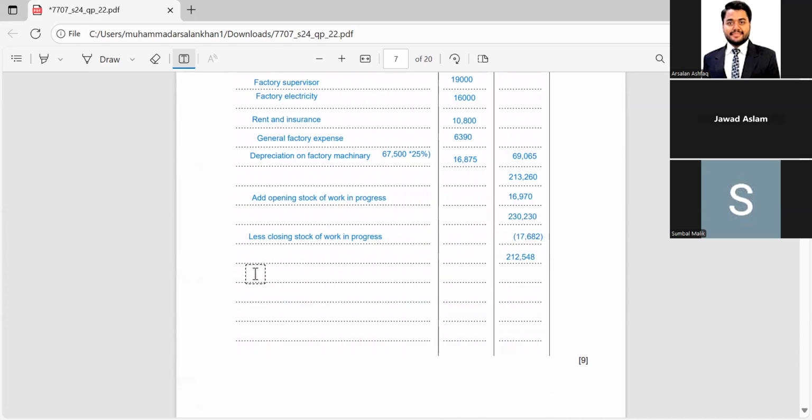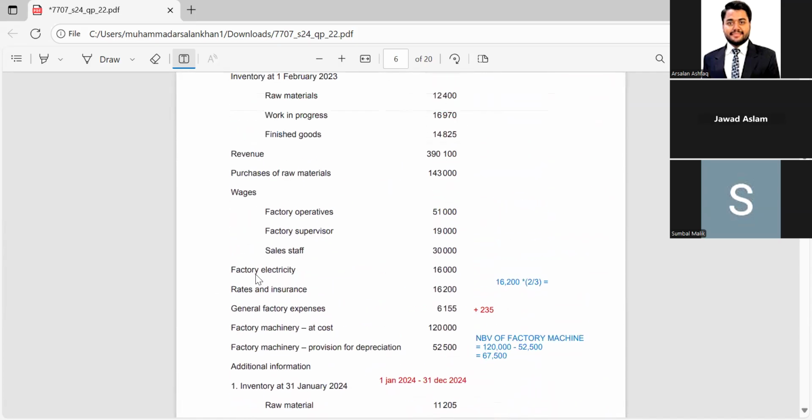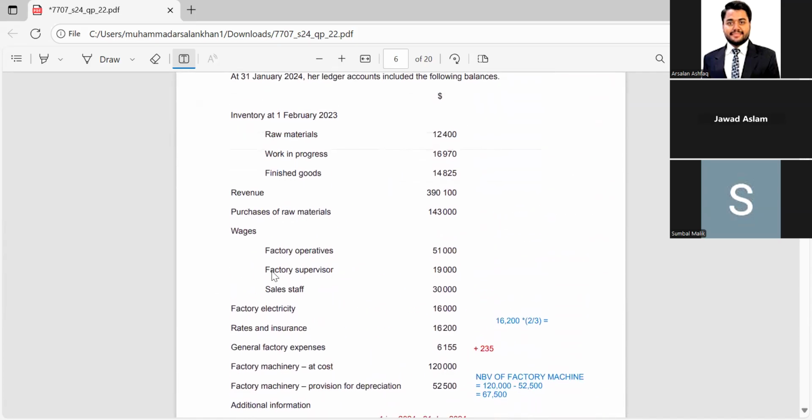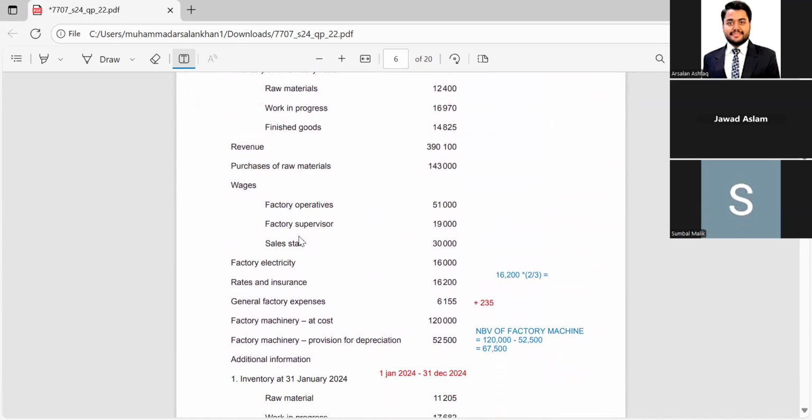Now I will add the direct wage expense, which is 51,000. Factory operatives means the factory wages which we have paid.